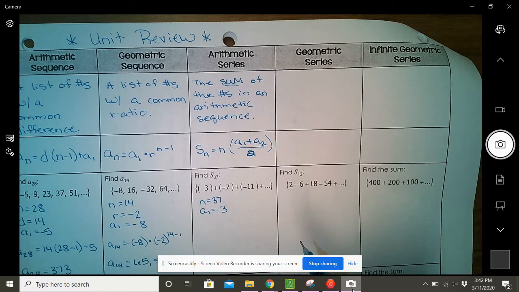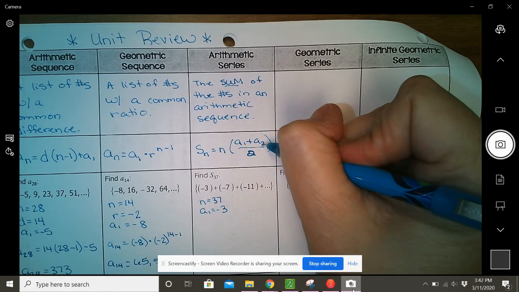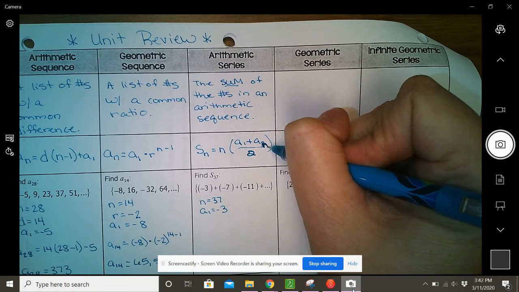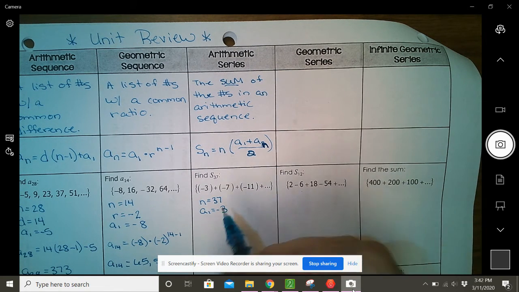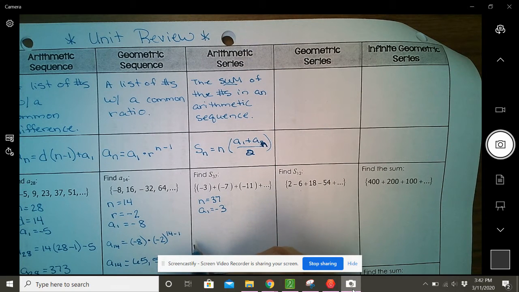Okay. And then, whoops, that's an n. And then I'll need the last term of the sequence, where the n value is 37. All right, so let's get to plugging in here.